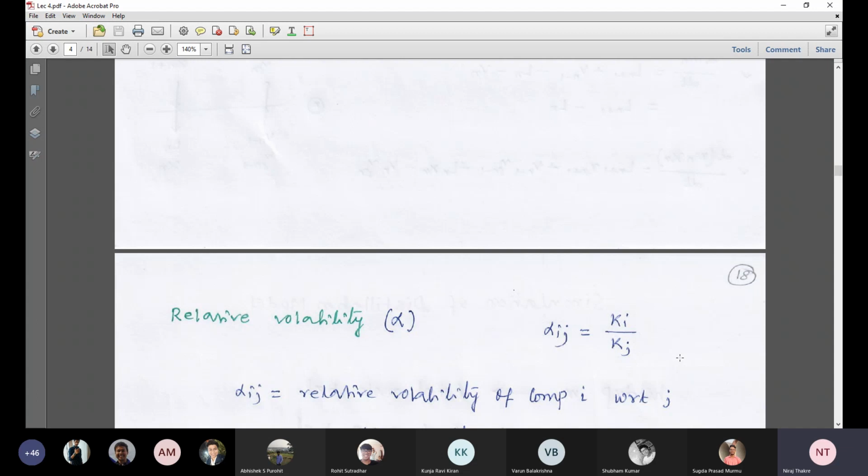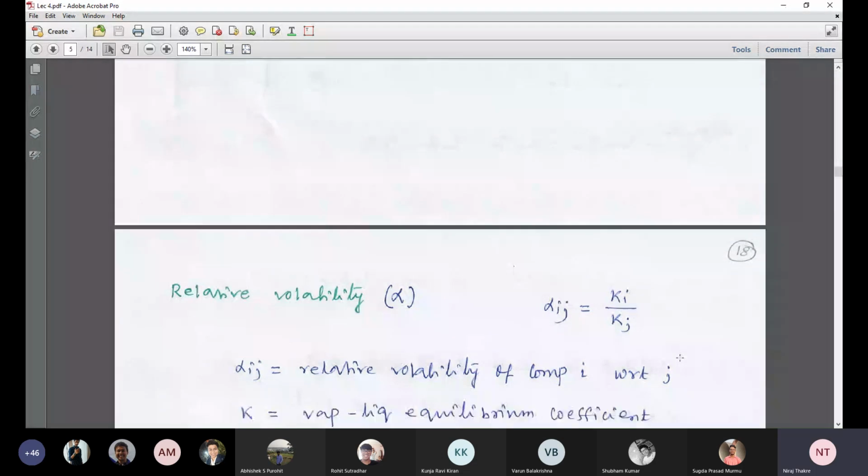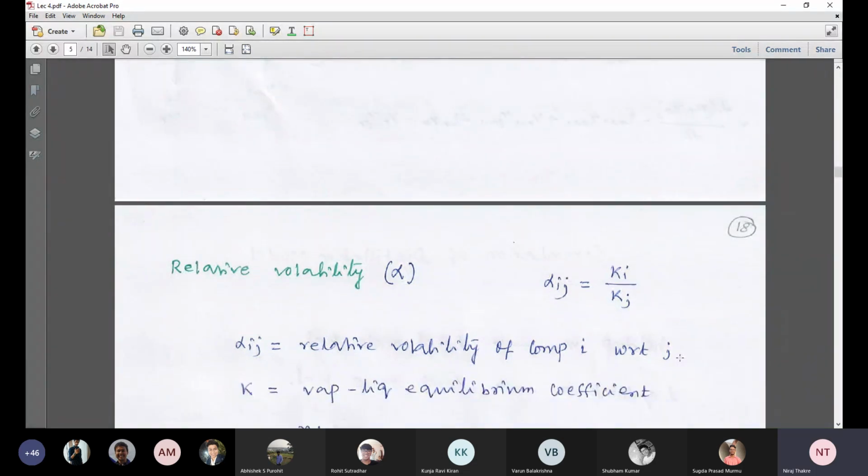So here you may consider i as component A and j as component B. Accordingly, alpha AB is the relative volatility of component A with respect to component B. Now what is K? K is the vapor liquid equilibrium coefficient.